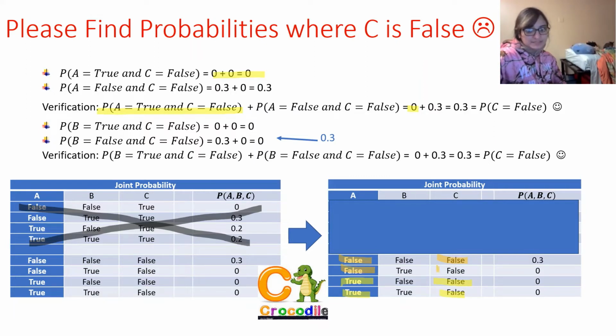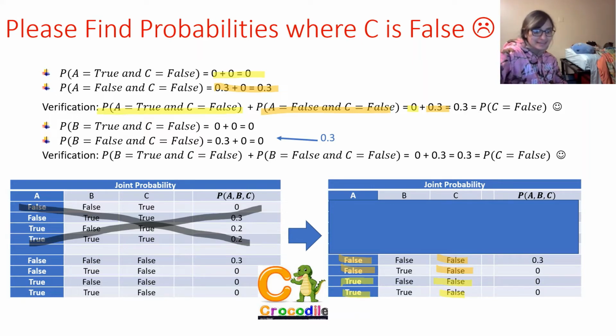And we get 0.3 plus 0, which is 0.3. And when we add those two probabilities up together, this is 0.3, which is the probability that C is false. Remember, this was 0.7 probability C is true, and this was 30%, which is the probability C is false. So this adds up to 30%, which is great.